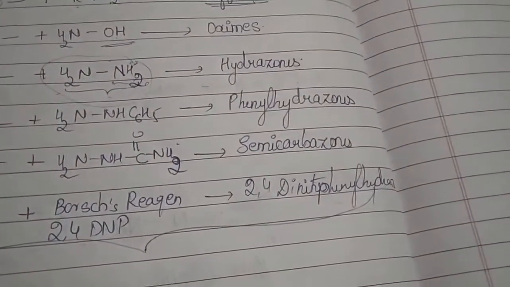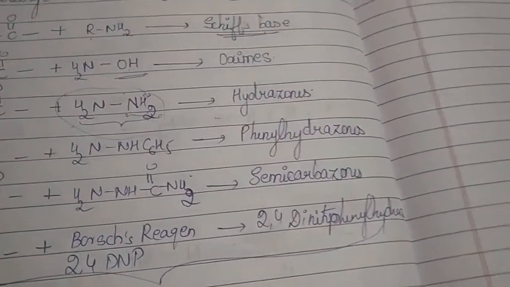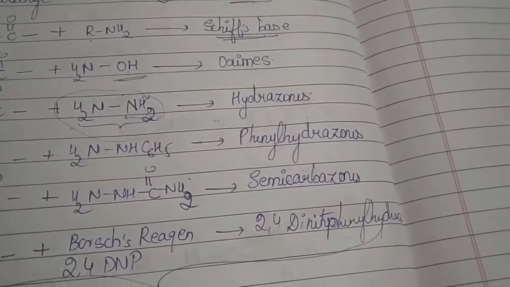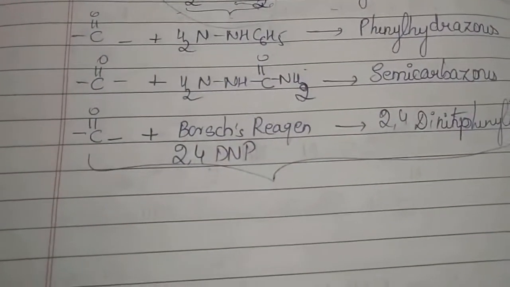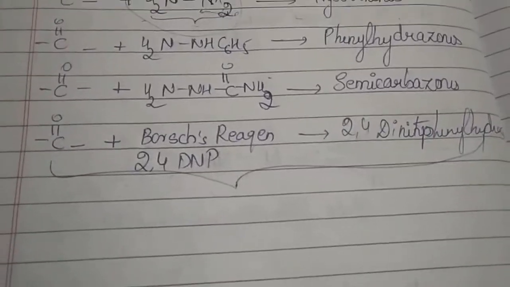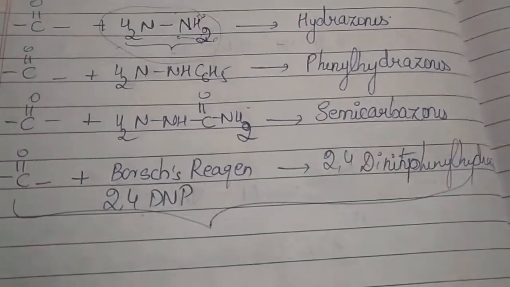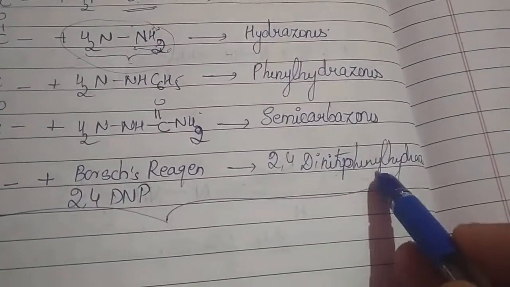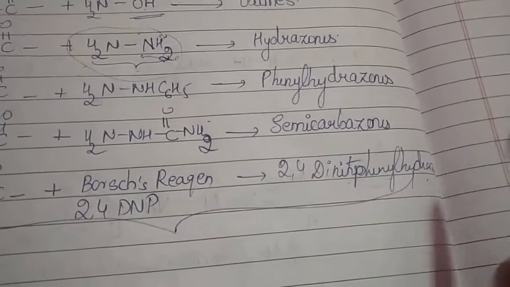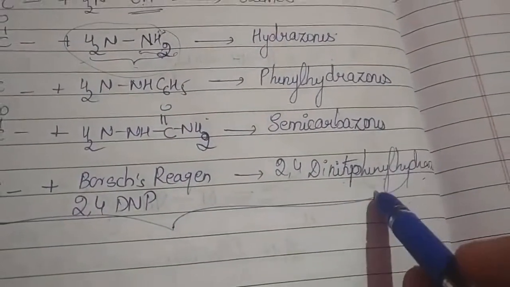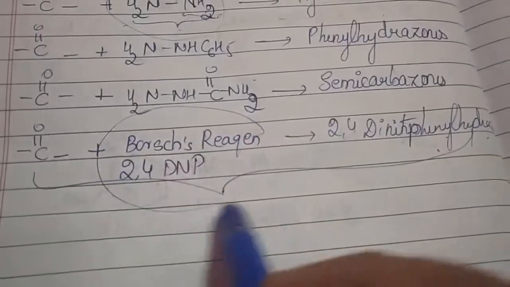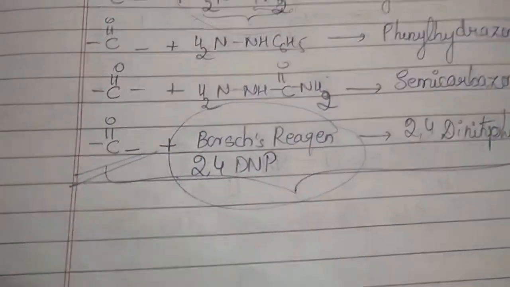There once again you will see it, but it is good if you remember this now. This 2,4 DNP test is a test for identification of carbonyl compounds. Why? Because the 2,4-dinitrophenyl hydrazones have a specific orange color. It is only obtained when 2,4 DNP is treated with carbonyl compounds.